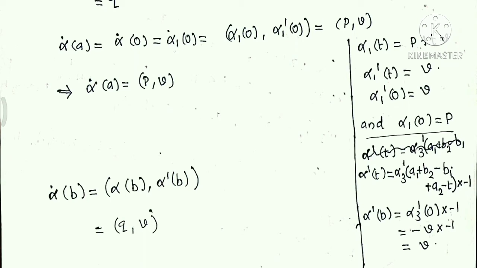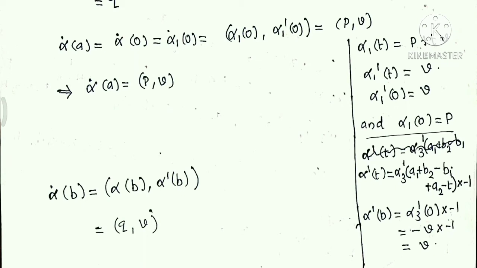So the derivative alpha dash of t is equal to alpha 3 dash of (a1 + b2 − b1 + a2 − t) into the derivative of (a1 + b2 − b1 + a2 − t). We know the derivative of (a1 + b2 − b1 + a2 − t) is equal to minus 1.